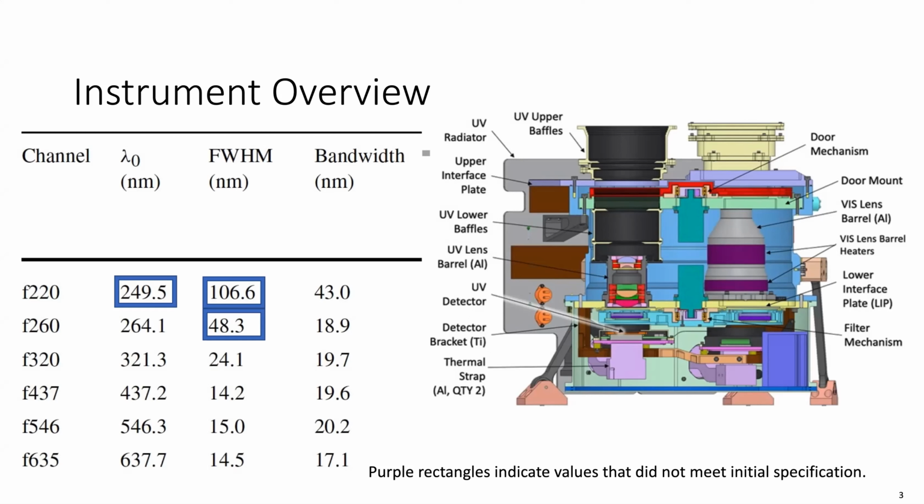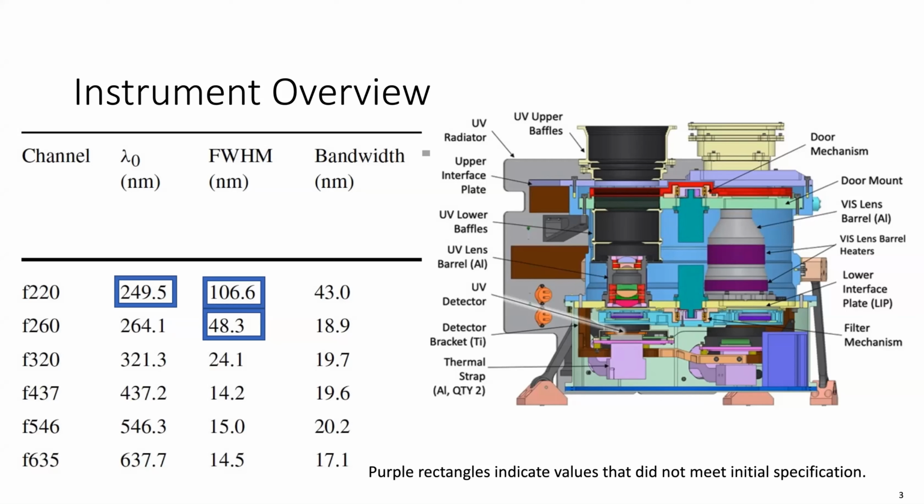Now I hid the three blocks there that show you numbers that are out of spec. In other words, the 220 response did not come about in a way that we had hoped, nor did the 260, which also had problems. So you need to be careful using these, and there the instrument paper will be a little more helpful.